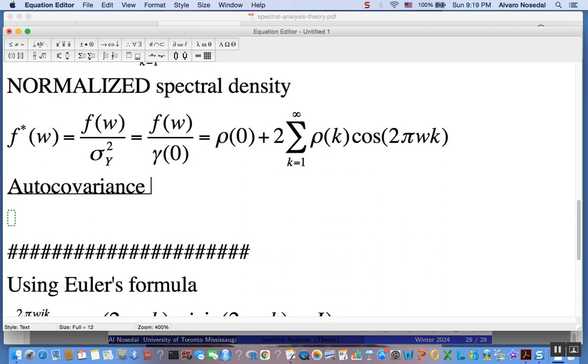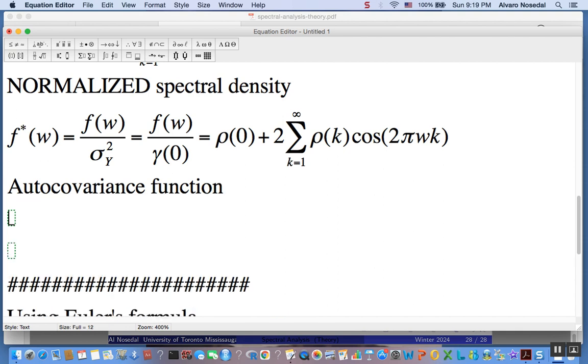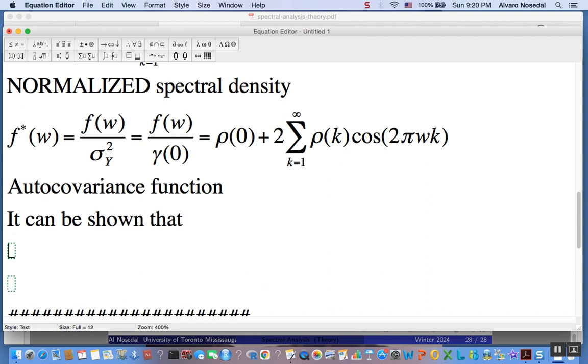Autocovariance function. So it can be shown, and we actually did it in another video, but I don't want this to be too long, so I'm going to be referring to the other one.